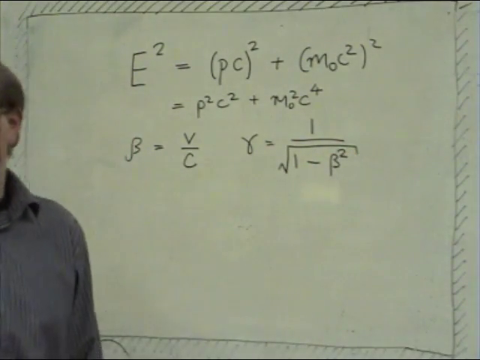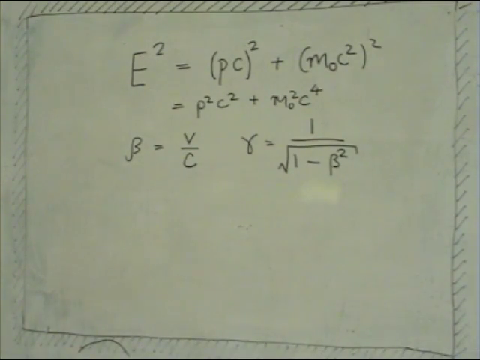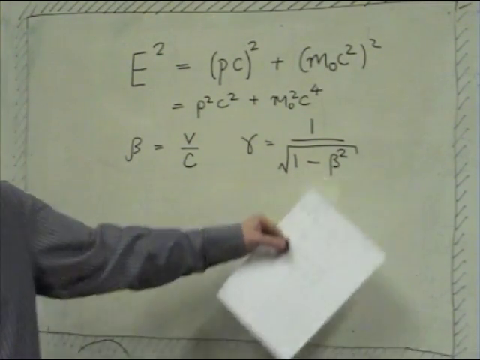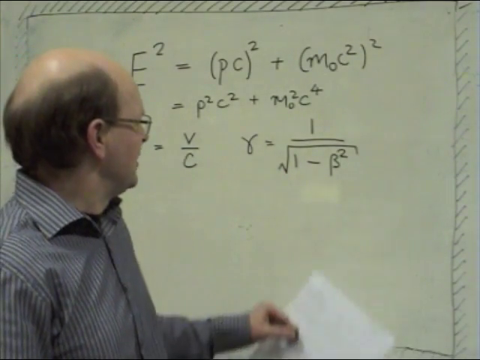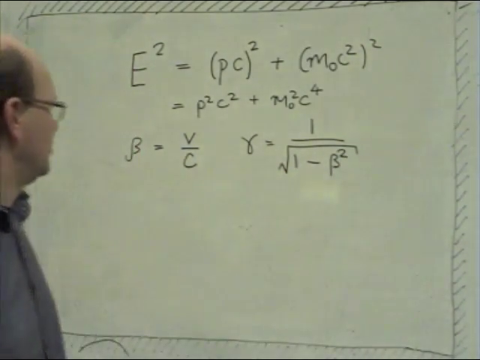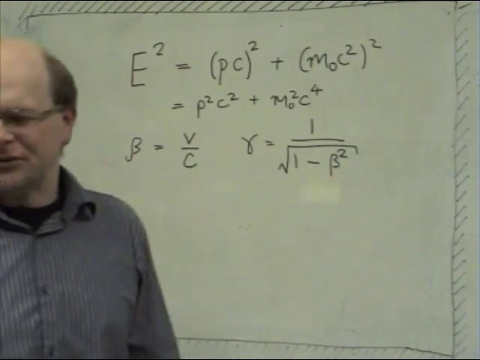Actually, that's another trap that people fall into with these equations. They often forget to square the beta. So if you start with beta and go to gamma using this formula, do remember to square the beta. That's very important. Anyway, that was a slight digression.